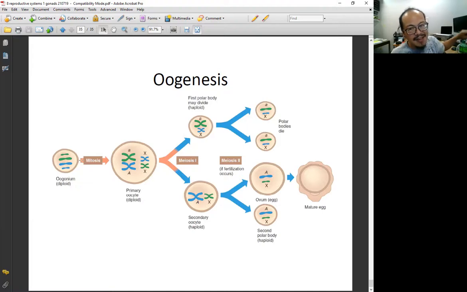We will see only the meiosis. You know that these primary oocytes don't reproduce themselves anymore because they are already surrounded. Each one of them is already surrounded by the follicle cells.